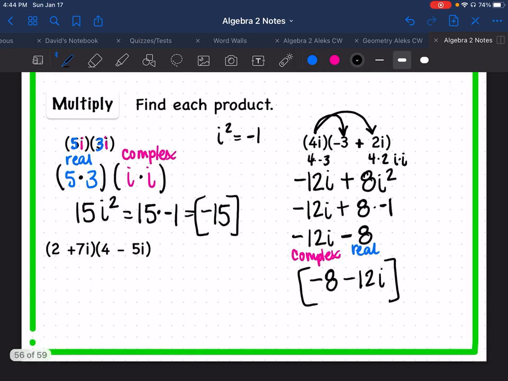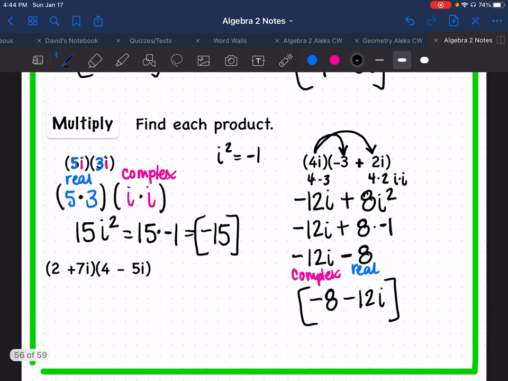All right, the last one I want to show you is multiplying when you have a double distributing. What I would really suggest that you do is make the box and multiply using the box method. With the box method, you need to have 2 of them for the 2 plus the 7i.